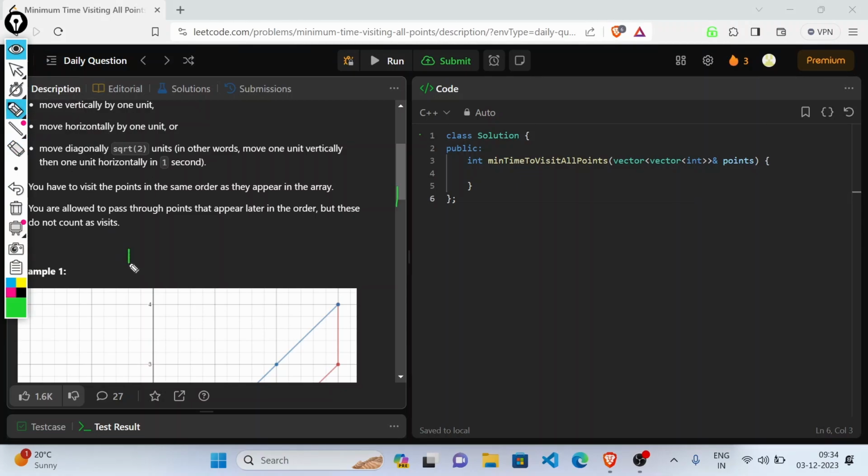Let's say you need to visit point A, then go from A to B. And then you need to visit from B to C. But while traveling from A to B, you also pass through C. It will not be counted as a visited point, because you have not traveled to it in the order in which it is given.